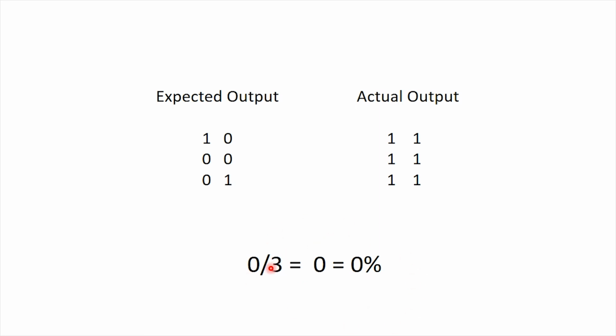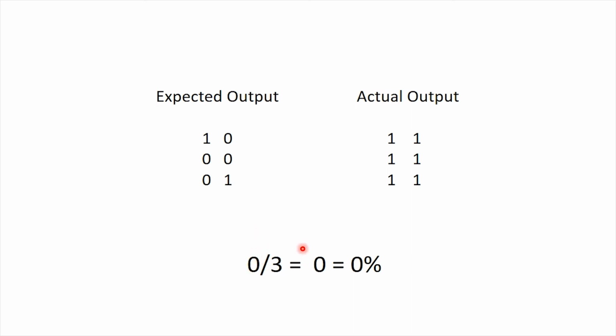Okay, we can also evaluate our algorithm. As you can see here, the number of expected outputs is 3, and then also the number of successful answers or outputs provided by the algorithm, that in this case were 0.